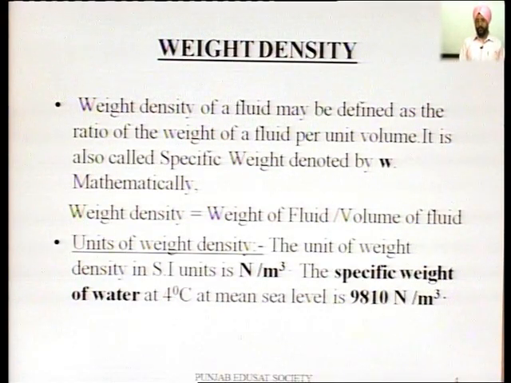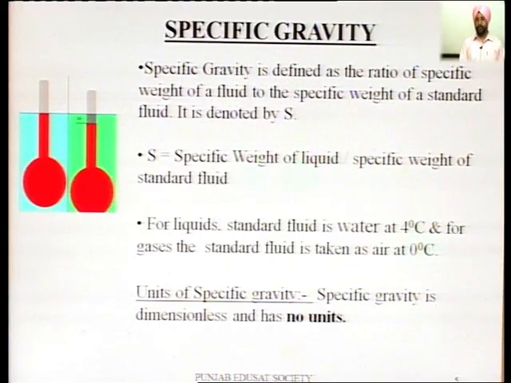One more property of a fluid is the specific gravity. Specific gravity is defined as the ratio of specific weight of any fluid to the specific weight of a standard fluid, generally denoted by capital S. So mathematically we can write specific gravity as specific weight of a liquid upon specific weight of a standard fluid.